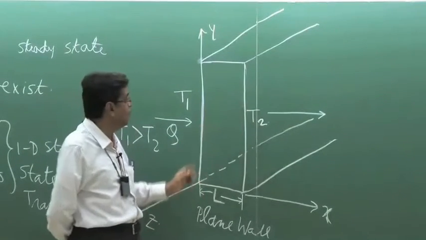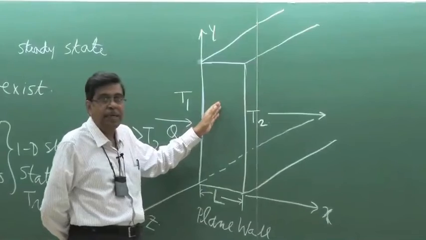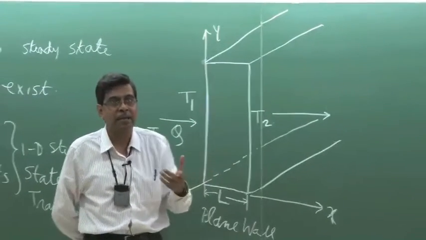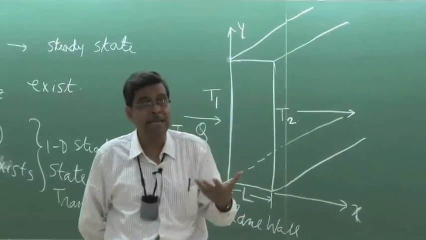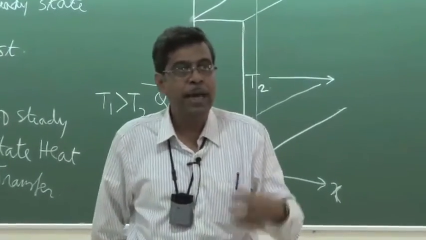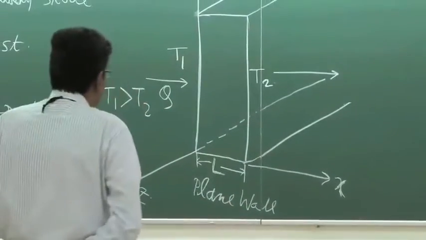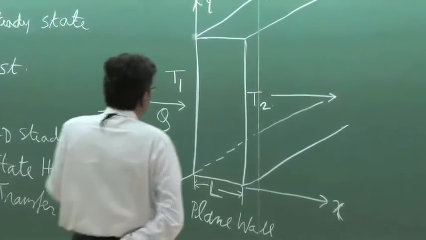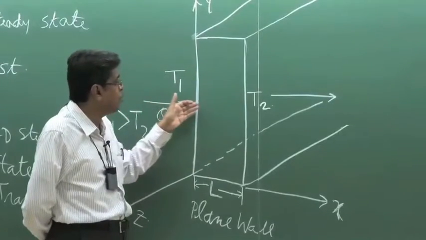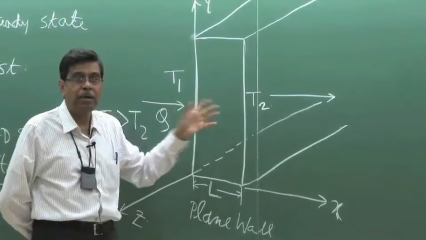And at the same time, there should not be any energy generation internally in this wall, by any action. There may be an internal reaction or anything else. At the same time, there should not be a heat absorption by any action within the wall. And the wall should allow the heat to flow without interruptions.